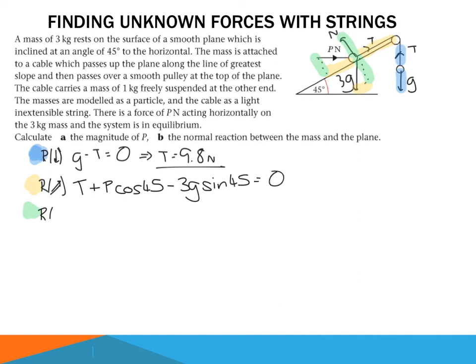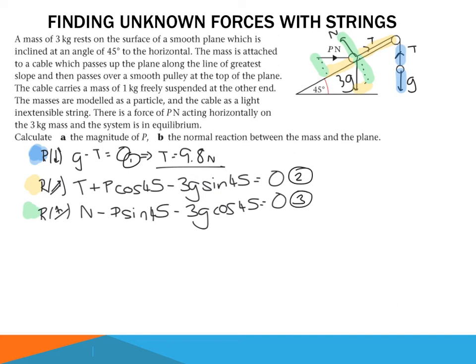And then if we resolve in the direction of the normal, we're going to have the normal minus P sine 45 minus 3G cos 45 equals 0. So we've used up equation 1 already for T. So equation 2 and equation 3 is what we use next.